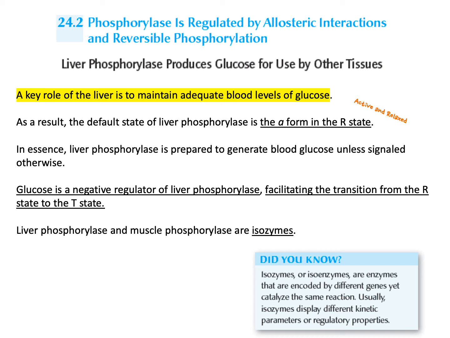When the glucose level is high, the liver phosphorylase will be inhibited from producing more glucose, through the change from R state to T state, which has a lower affinity to oxygen and is less active. Liver phosphorylase and muscle phosphorylase are isoenzymes. Isozymes or isoenzymes are enzymes that are encoded by different genes yet catalyze the same reaction.